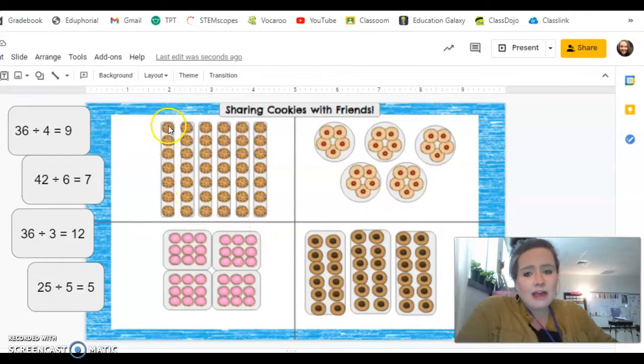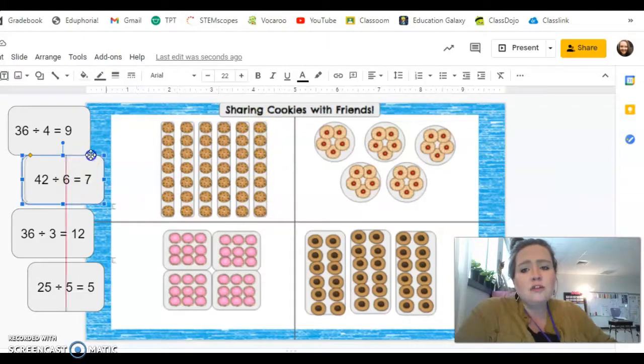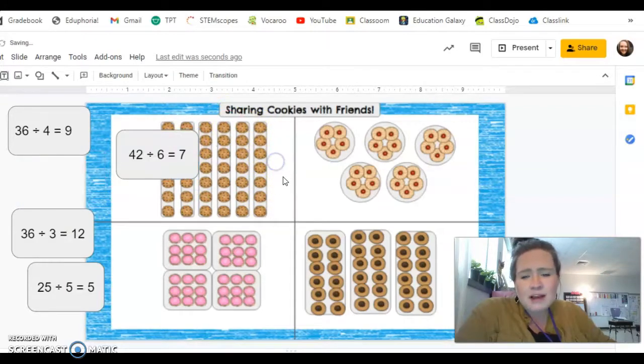And I'm going to count them. 1, 2, 3, up to 42. So I would drag over that is the one that matches with that.